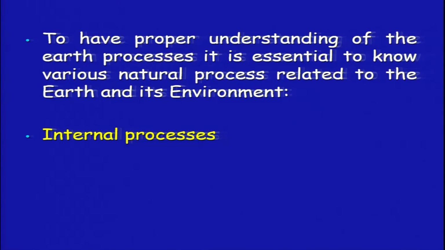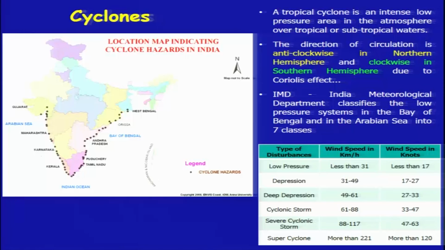We have internal processes and external processes. We will get into detail on this, and topic wise we will talk about the internal and external processes. I will stop here and we will continue in the next lecture. Thank you so much.